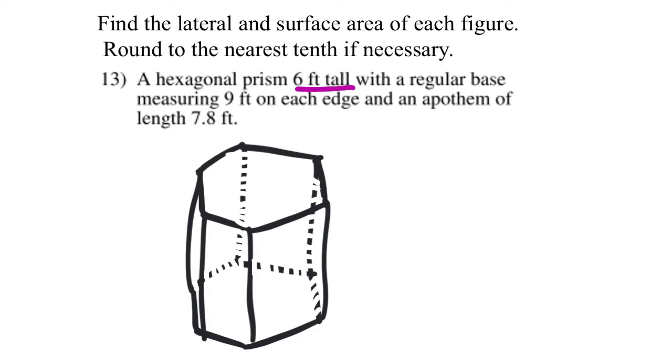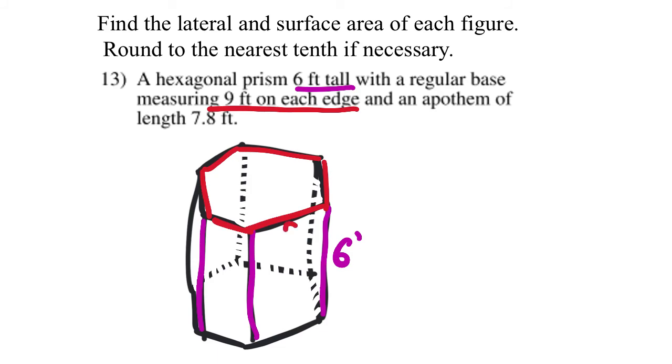So we know it's 6 feet tall. Well, that would be the height right here. It's 6 feet. And of course, that's all of the heights along the edges, which is going to help us with the lateral surface area. And then each of the lengths of the edges of the hexagonal prism is 9 feet. So that would be all of these that make up the hexagon.